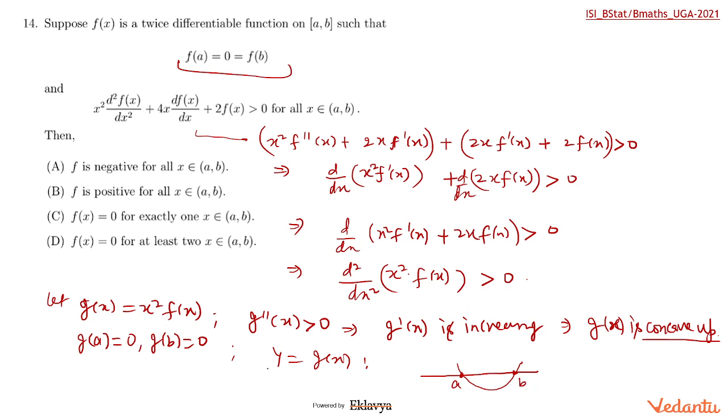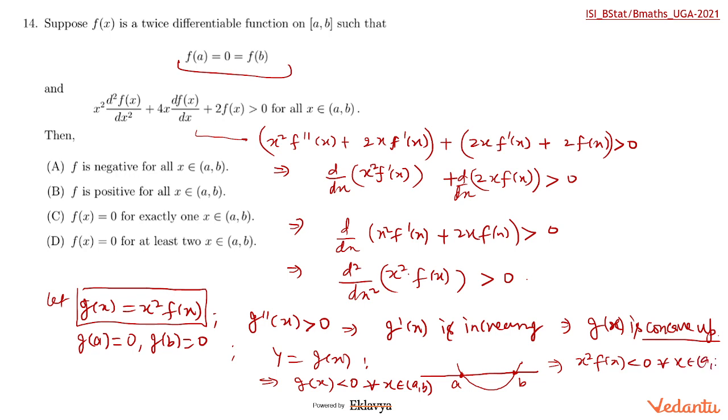So it means g(x) is negative for all x belonging to a to b. And as g(x) is x square into f(x), x square into f(x) is negative for all x belonging to a to b. As x square is never negative, f(x) is negative for all x belonging to a to b. So here f(x) will always be negative for all x. Option A is correct. All right.